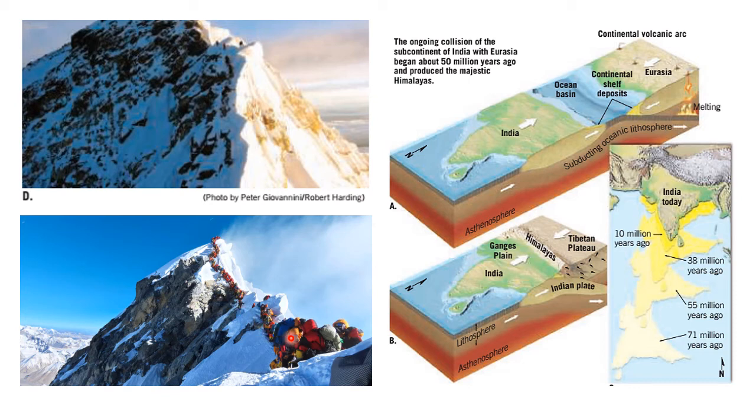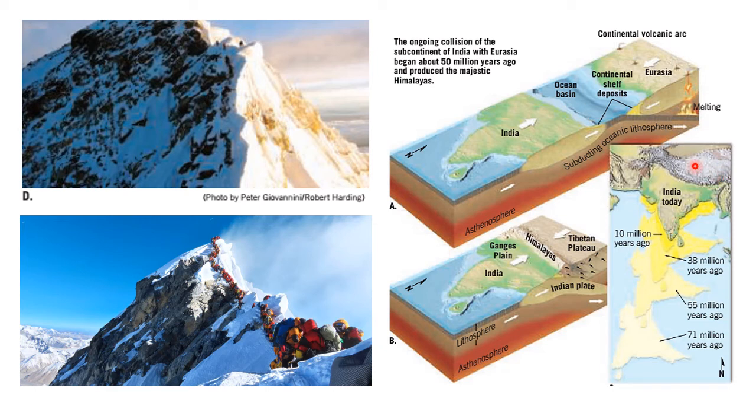This is the highest peak in the world, Mount Everest. Such a collision began about 50 to 55 million years ago when the subcontinent of India rammed into Asia, producing the Himalayas, the most spectacular mountain ranges on earth.